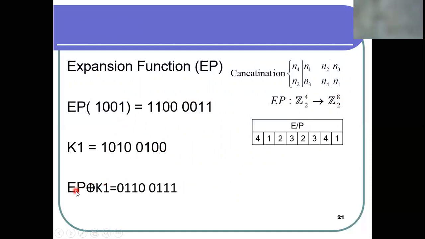I XOR this expansion with my K1. This is the expansion function, and this is our key which we derived in our last slide number 18, the key generation of DES slide. So I just make the XOR of EP with K1.